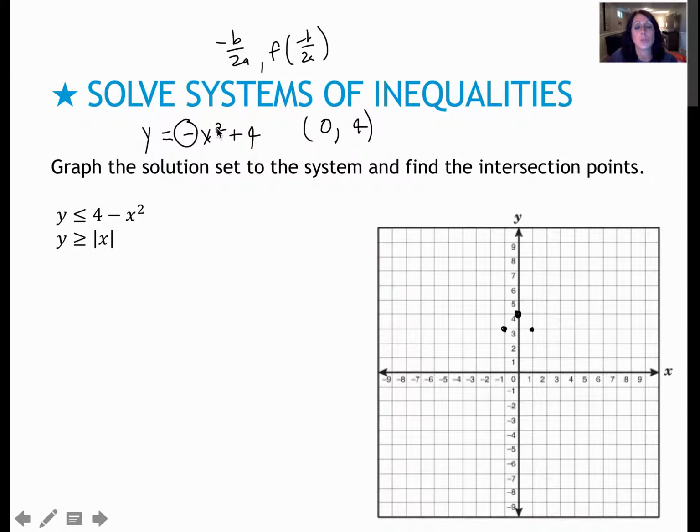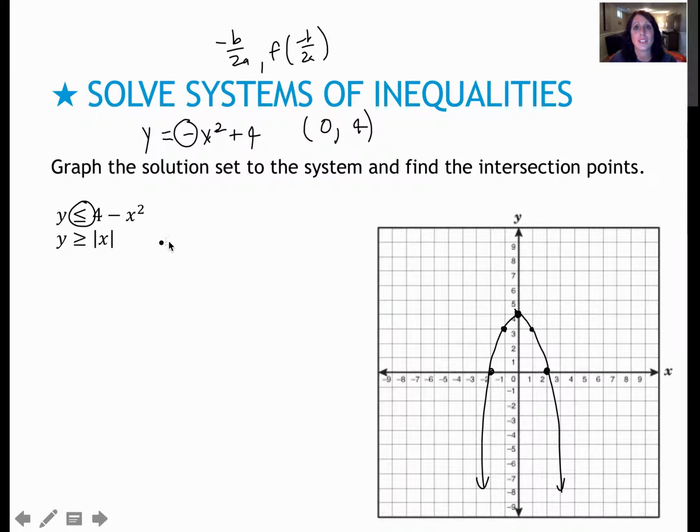Plugging in 2, 2 squared is 4, make it negative, so negative 4 plus 4 is 0. So I've got a point here and then reflected a point right over here. This is obviously a solid line, so it's going to look like this. And again, I'm not going to worry about shading until I've also graphed the other function.